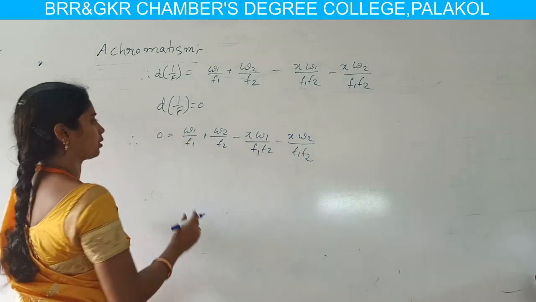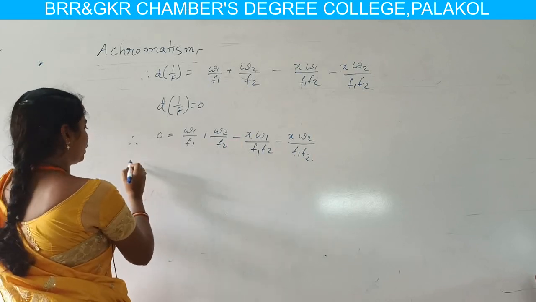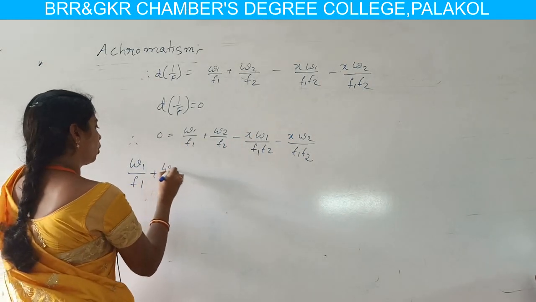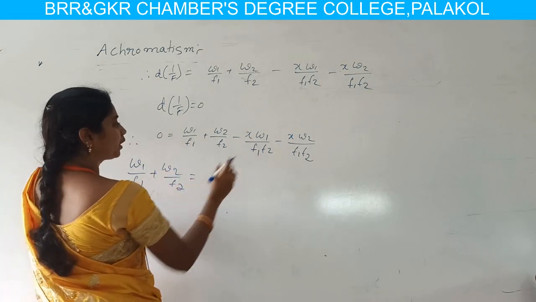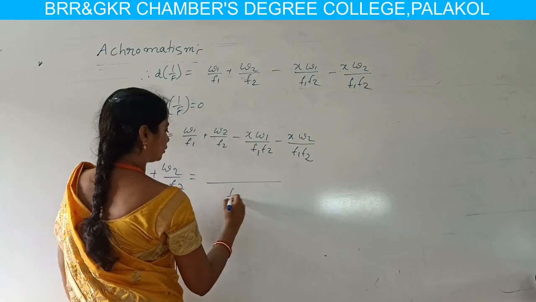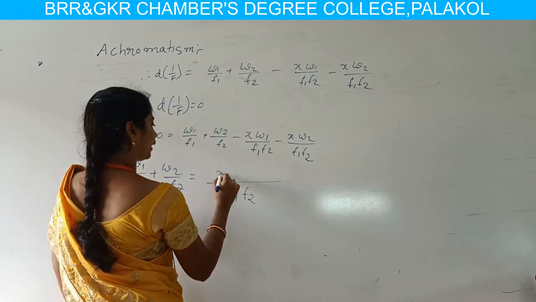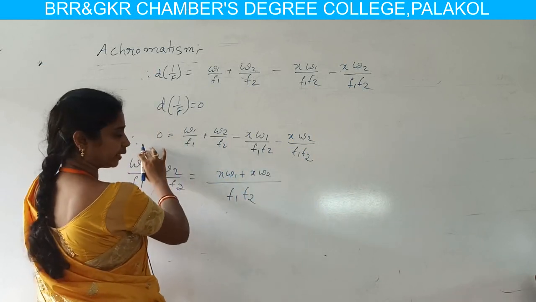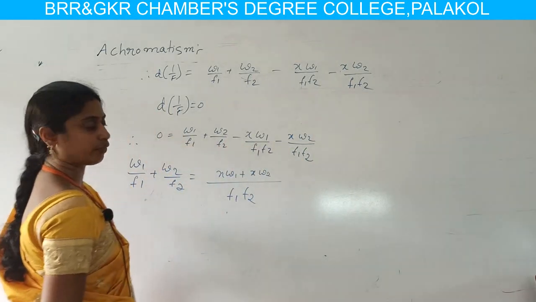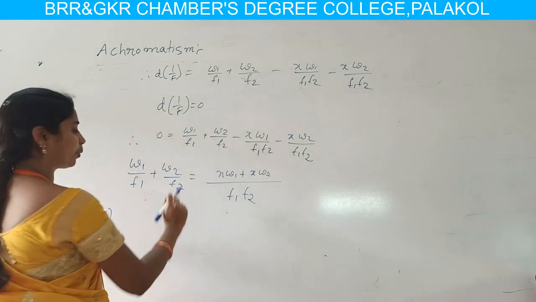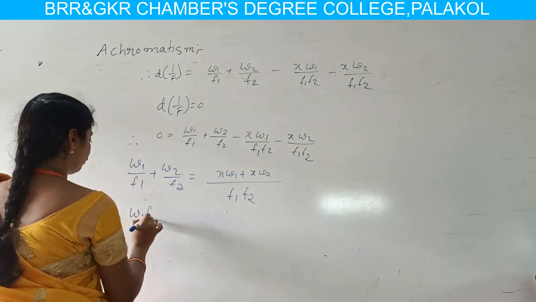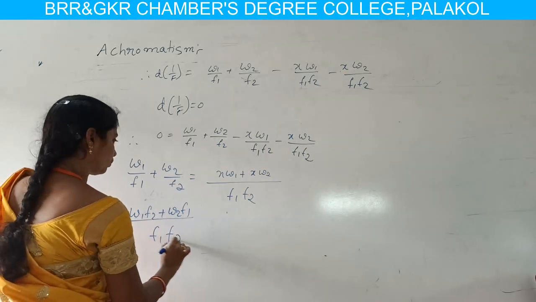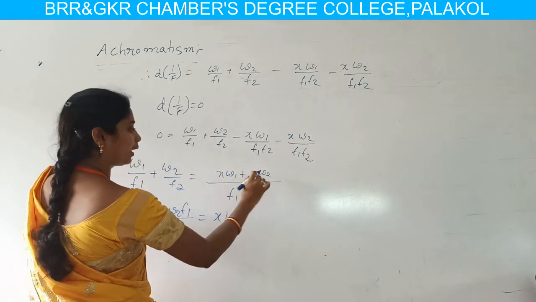Here these values are negative, so we can simplify this equation as ω1 by f1 plus ω2 by f2, which is equivalent to, taking the LCM f1 f2, of xω1 plus xω2. Here the left-hand side is 0, then the equation simplifies. Taking the LCM, ω1 f2 plus ω2 f1 by f1 f2 is equivalent to xω1 plus xω2.